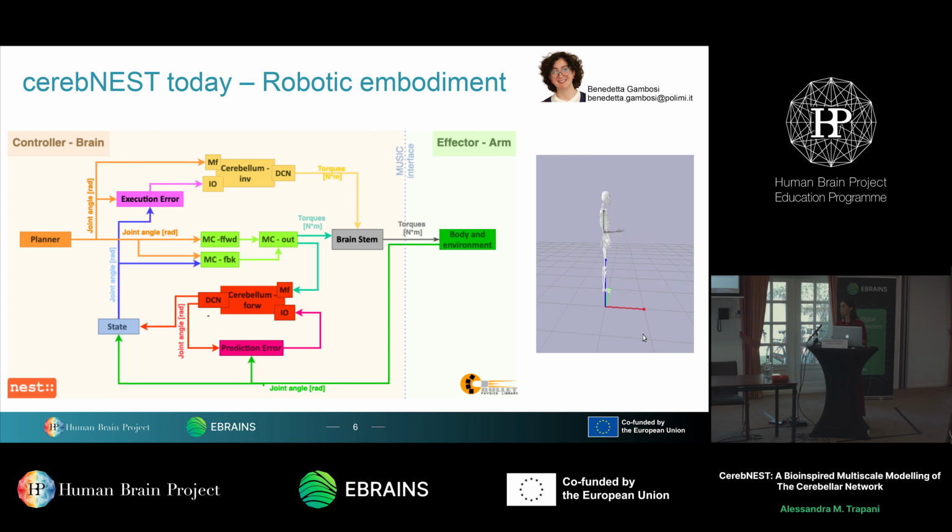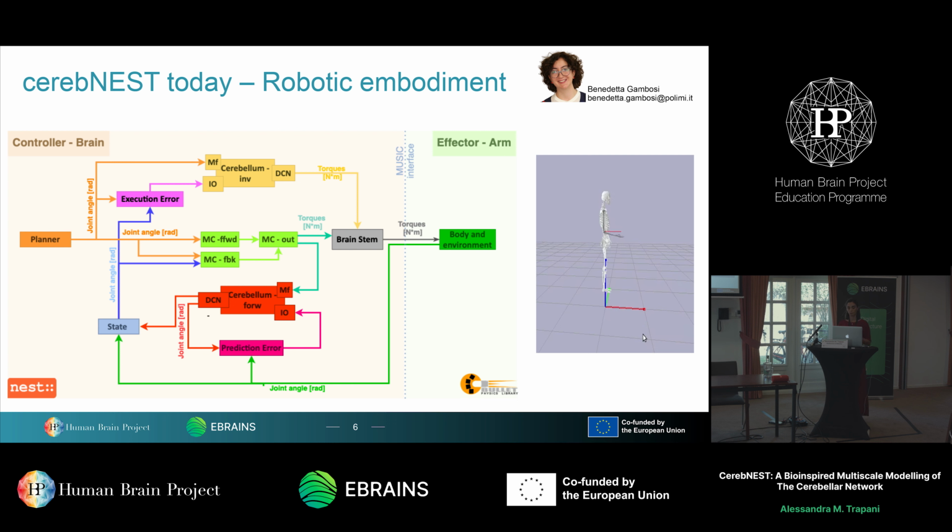Again, this is a large neural network entirely implemented in NEST, constituted by spiking neurons that are defined either to be biologically plausible or to represent a specific function that we need to use to generate the motor control. So, for example, these light green blocks transform a kinematic command or signal into a dynamical one.